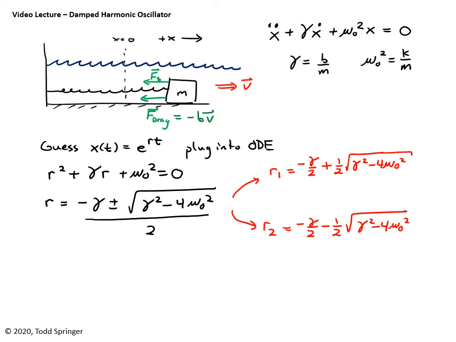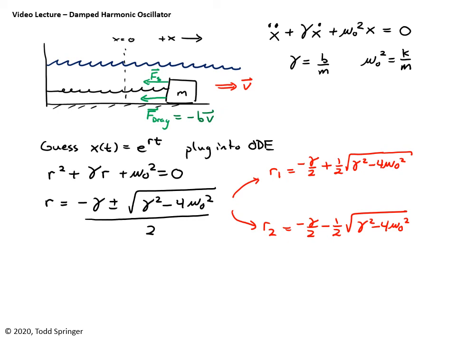So notice I've got a square root in this solution. And so sometimes I will have the square root of a positive number, sometimes the square root of a negative number, sometimes the square root will be 0. And depending on which case I have, the mass will be doing completely different things.